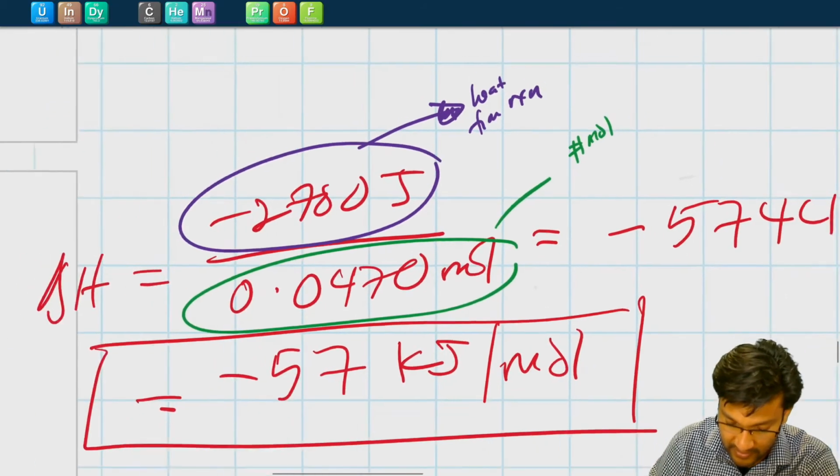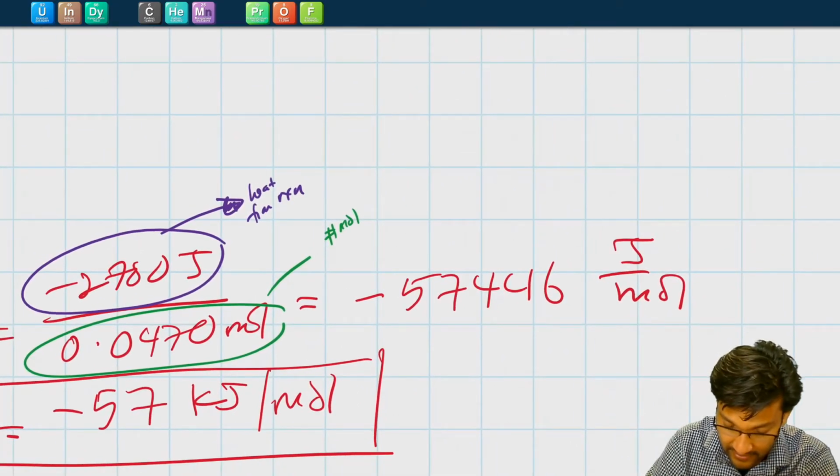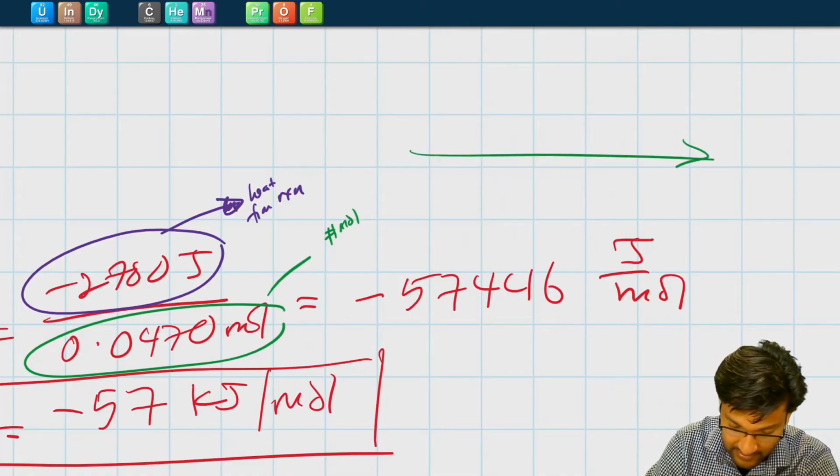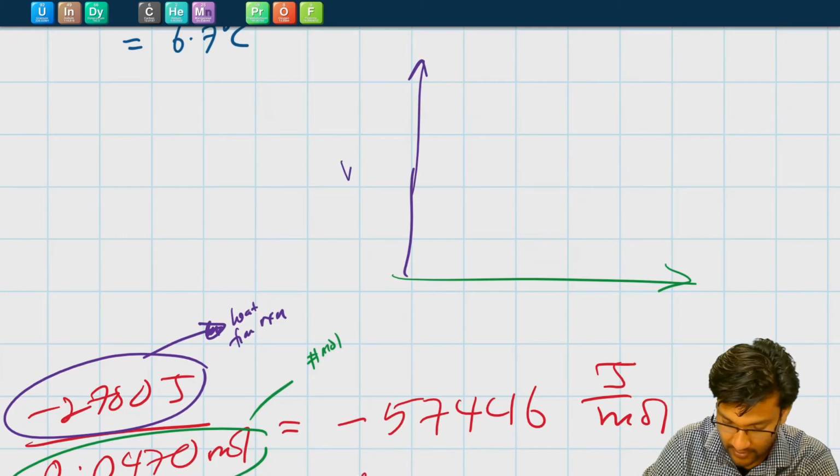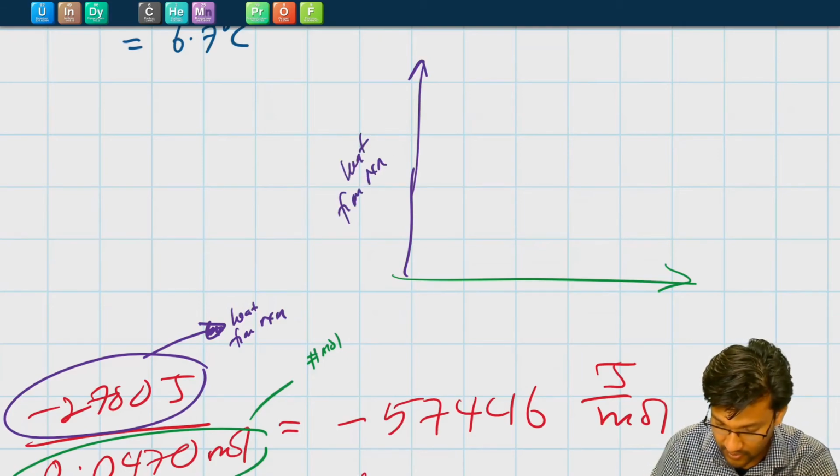So if we wanted this to be the slope of a graph, then the number of moles should be on the x-axis, and the heat from the reaction should be on the y-axis, right? Heat from reaction, and this will be number of moles.